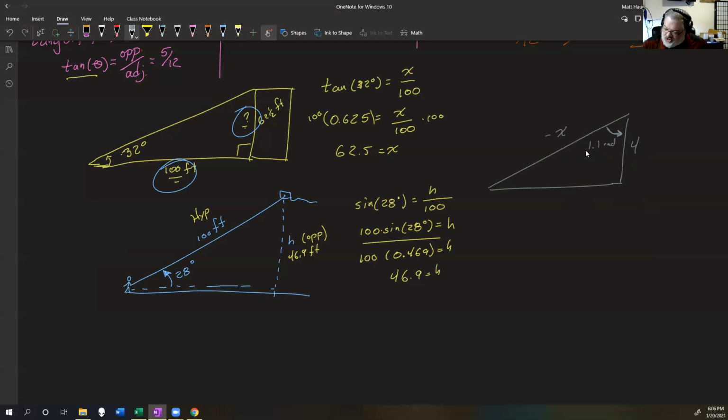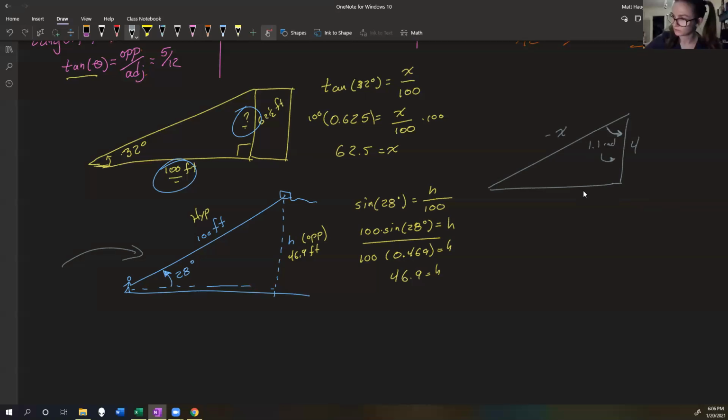Now, that might look like a similar relationship as the one we just did with sine, but notice we know the other angle, right? In reference to this angle, that 4 isn't the opposite length, it's the adjacent length, right? Does that seem reasonable?